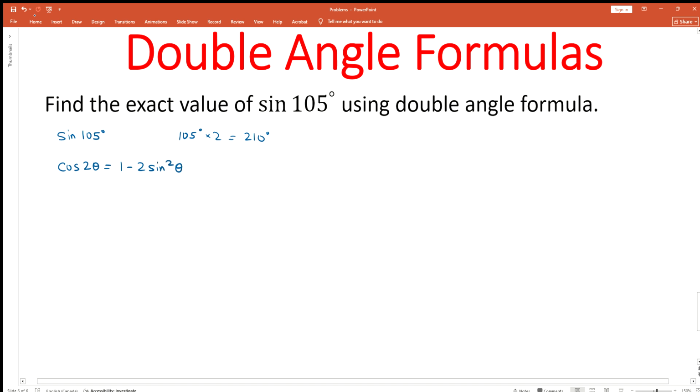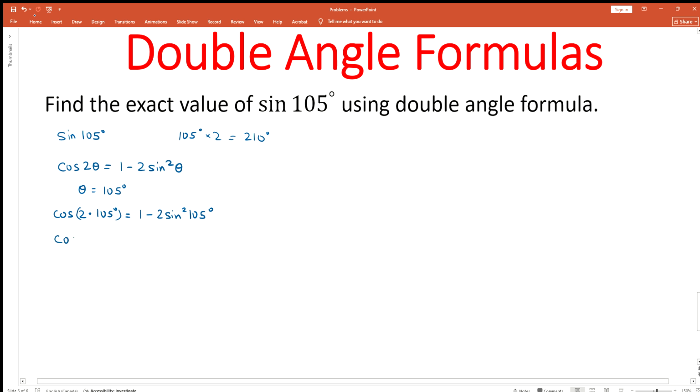We can sub in theta as 105 degrees. So we get cos 2 times 105 degrees equals 1 minus 2 sine squared 105 degrees. This is the equation we have to solve to find the value of sine 105 degrees. 2 times 105 degrees is 210 degrees.